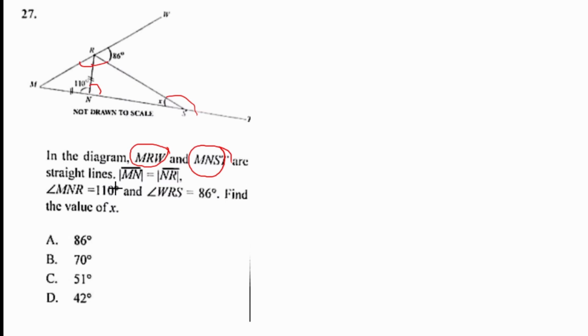Then also the marking tells us, and they still told us anyway, that the line segments MN and NR are equal. So we start answering our question right from there. The fact that MN and NR are equal means that triangle MNR is isosceles.